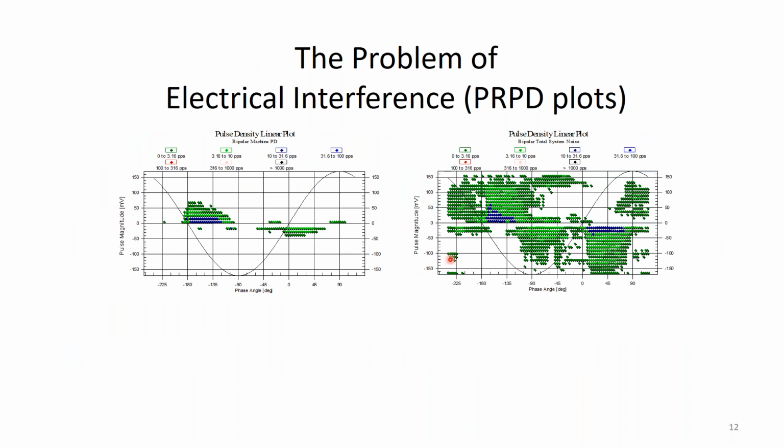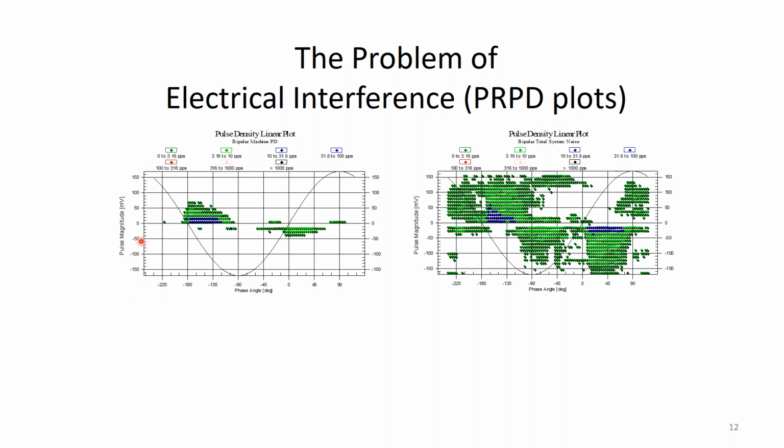Okay, so here is a phase resolved PD plot, and I don't have time to go into them a lot, but those of you who've been involved in measuring PD know we like to display the PD with respect to the 50 hertz AC cycle. So this horizontal scale is the AC cycle from 0 to 360 degrees.